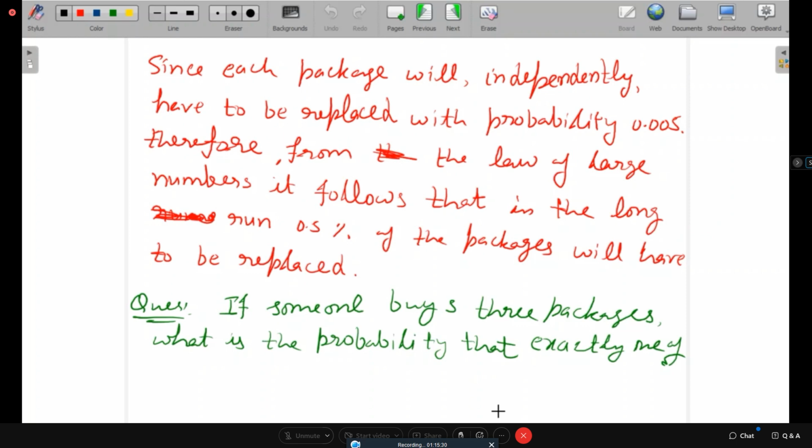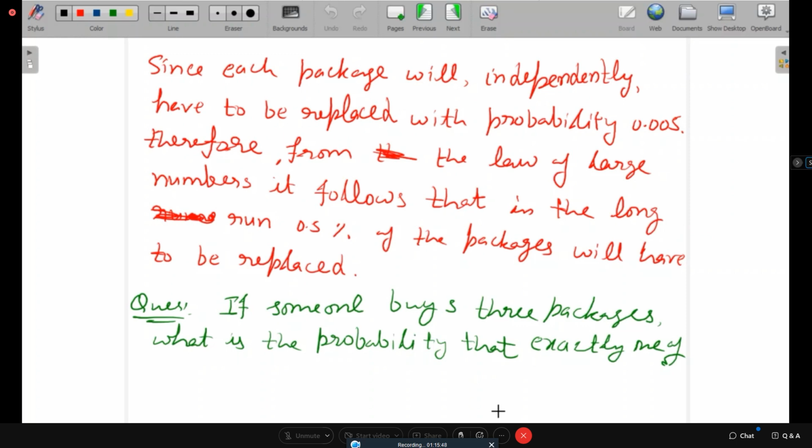So with probability of success and probability of failure, you can again treat them as Bernoulli trials. This will take value 1 or 0 depending on whether a package is returned or not.